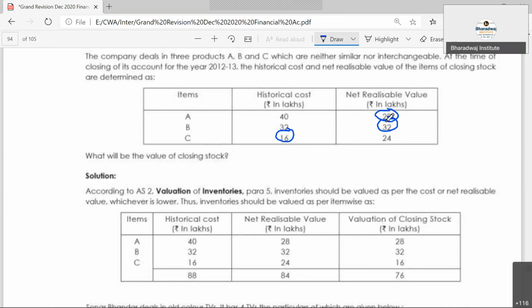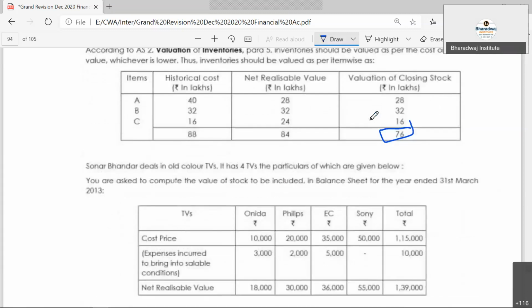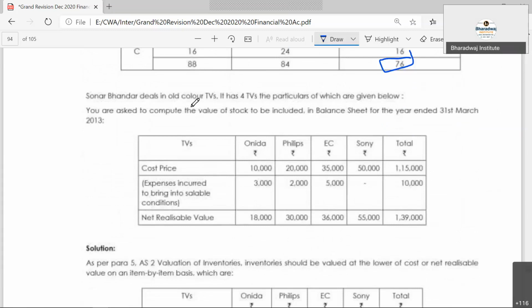So if you add 28 plus 32 plus 16, the total value is 76. This can be tested for 2 marks in the exam. This also you can find. It's a little tricky question that is there in the material.